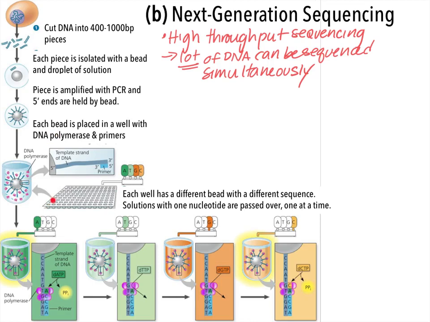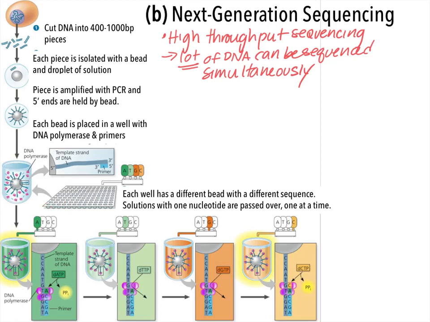Each well represents a different piece from the original larger piece of DNA that you cut up. And so if each piece represents 1,000 base pairs and each well has a different piece, imagine all of the sequence that you can get in one, what they call one read or one experiment, one run of this DNA sequencing reaction.